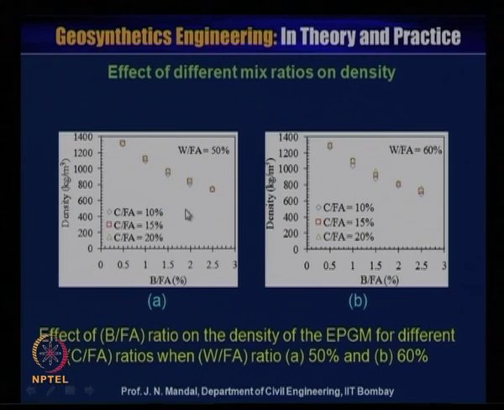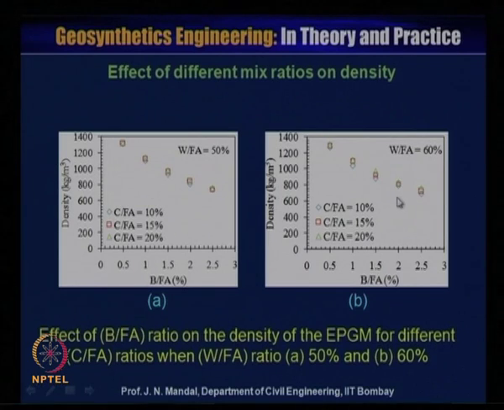These are the different cement to fly ash ratios, that is 10, 15 and 20 percent. You can see the points for different values of beads to fly ash percentage, and you can have different densities when the water to fly ash ratio is 50 percent. This curve shows that density decreases with increasing beads to fly ash ratio.